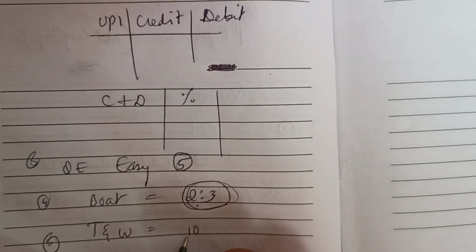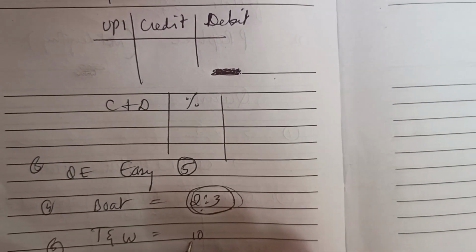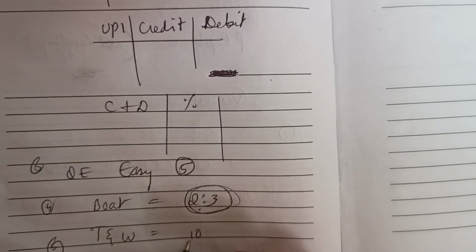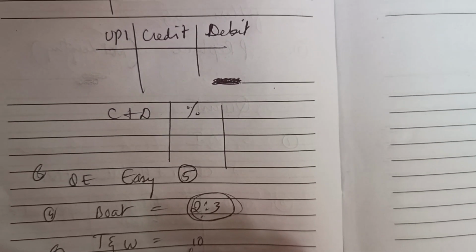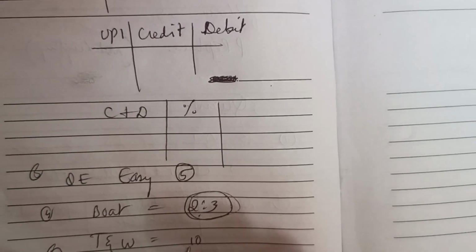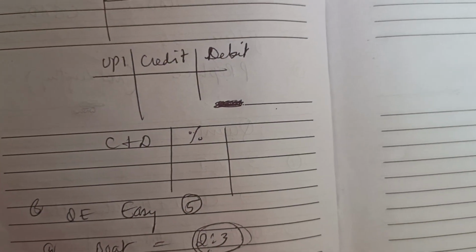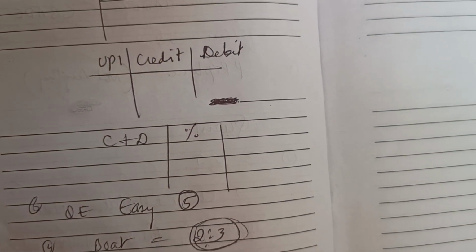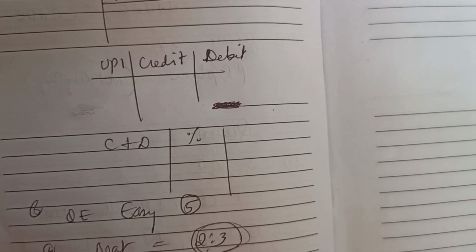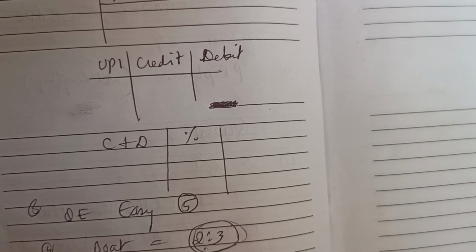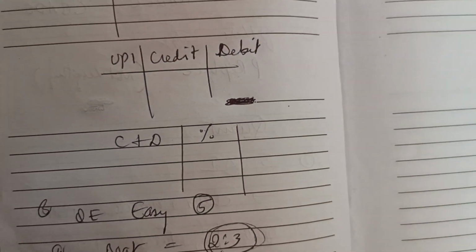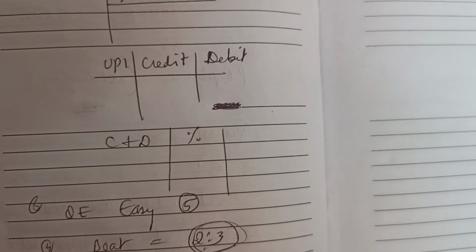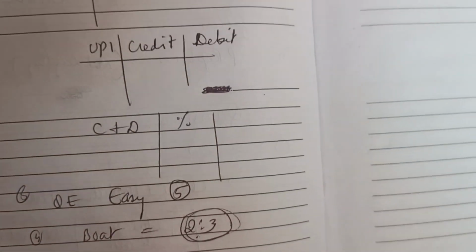They had given that P completes the work in 10, no, P completes the work in 20 days, and Q completes the work in 30 days. After that P and Q work for 5 days, and then R joins them for the remaining work, and they work for some days, and the remaining work will be completed by them in some days.